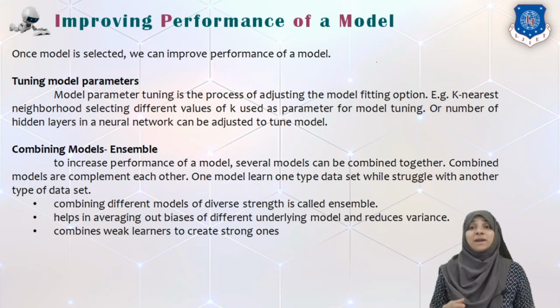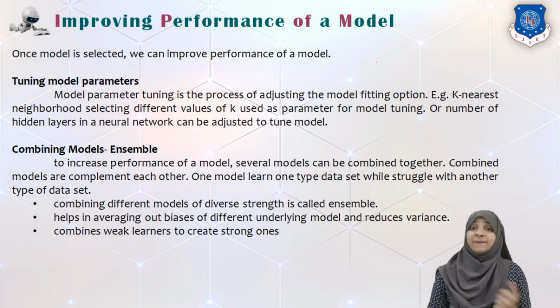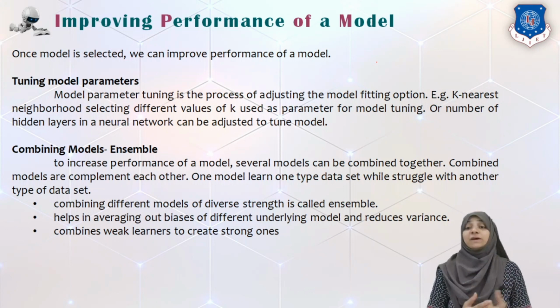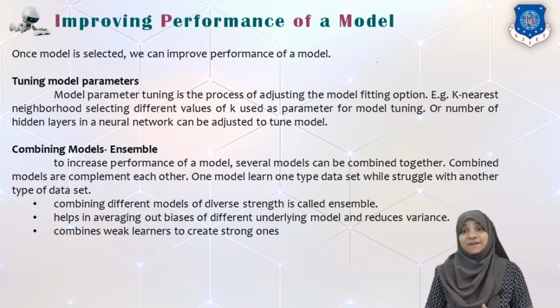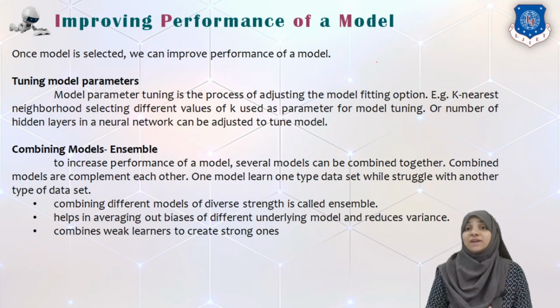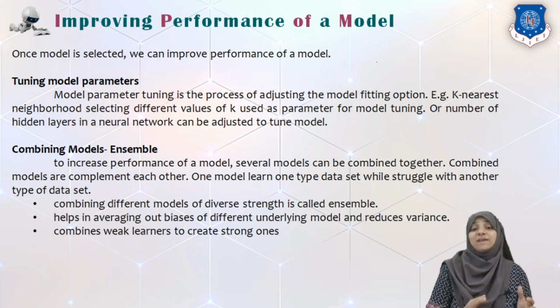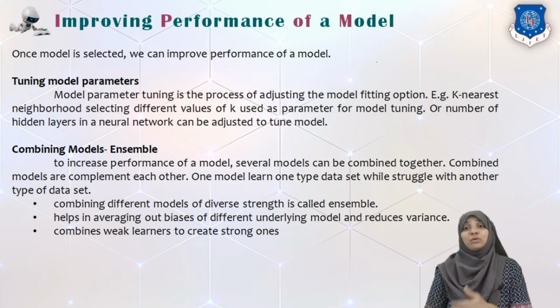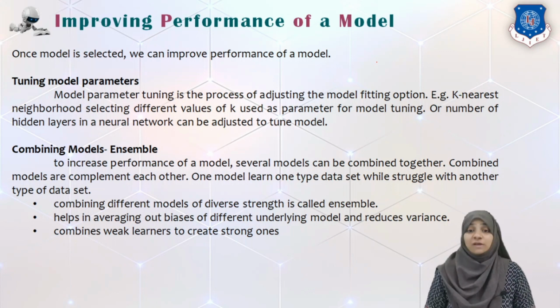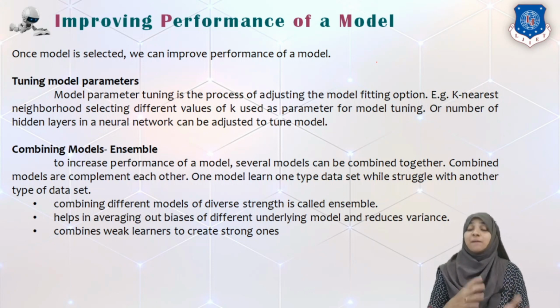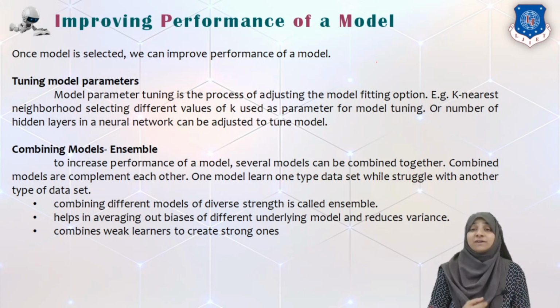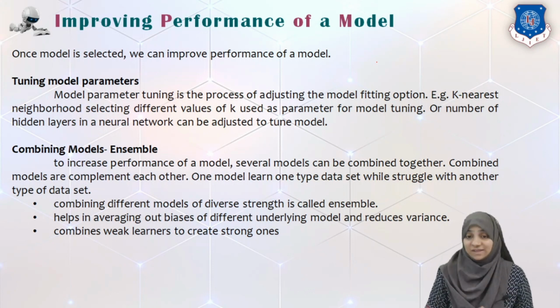These combined models actually complement each other. We learn one type of data in a set by one model. If we are struggling to learn another type of data in a given data set by the same model, we can give this data set to another model to learn some different discoveries. So in ensemble, we combine different models of a diverse trend.